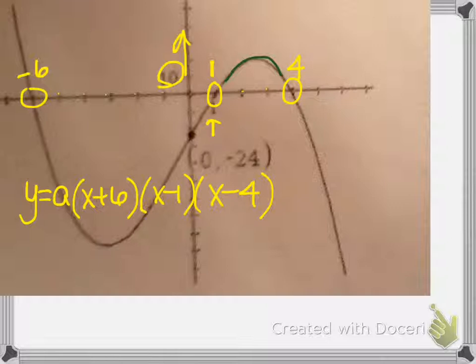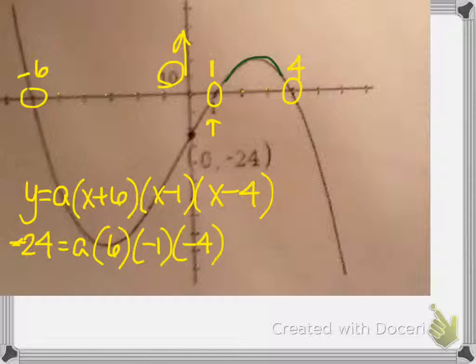Using our y-intercept that they gave us, 0, -24, plug in -24 for y. 0 for x would give me a +6 here, a -1 here, and a -4 here. I just skipped the step of actually plugging in the 0. Okay, so go through and multiply.